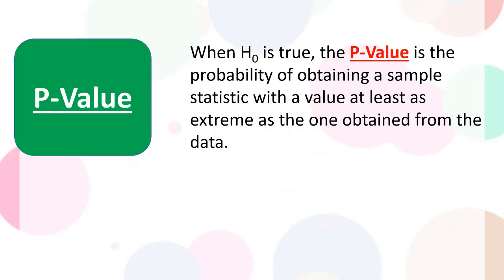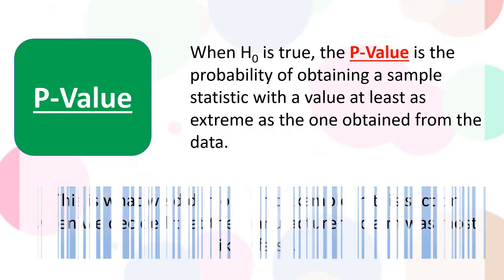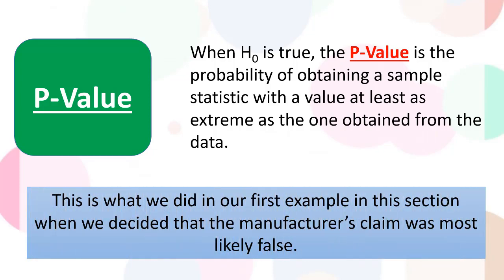This is basically what we did in the first example that we looked at today, where we talked about those light bulbs, and when we decided the manufacturer's claim was most likely false because it was so unlikely that we would find a sample that had that matching characteristic. That's what we were really doing. We were kind of looking at the p-value. It's the probability of obtaining a sample statistic with a value at least as extreme as the one obtained from the data.